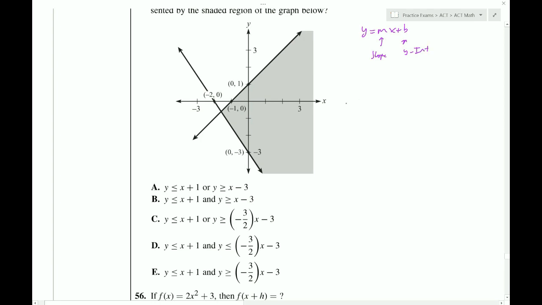Starting with the y-intercept, we can note that this has a y-intercept of 1. So it's going to have a +1, and the slope we could learn whenever we look at 2 points of known value. So we can march up 1 and over 1 to get to the next point. So that means the slope is 1. So the first line is y equals x plus 1.